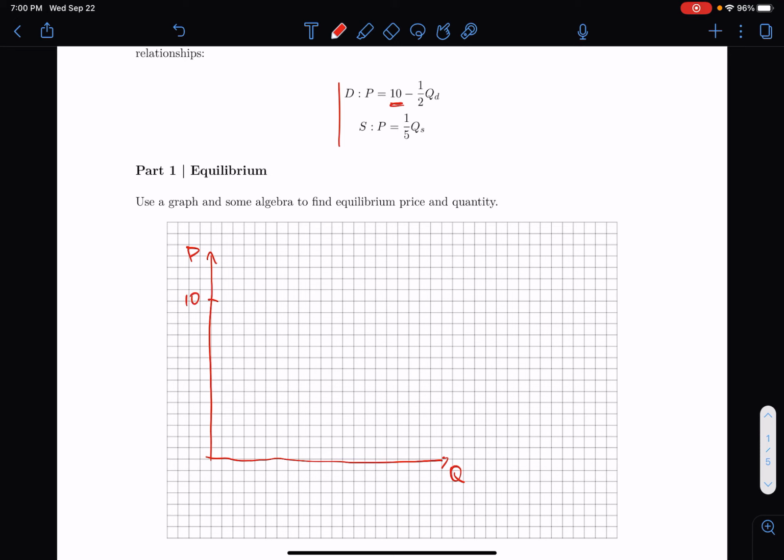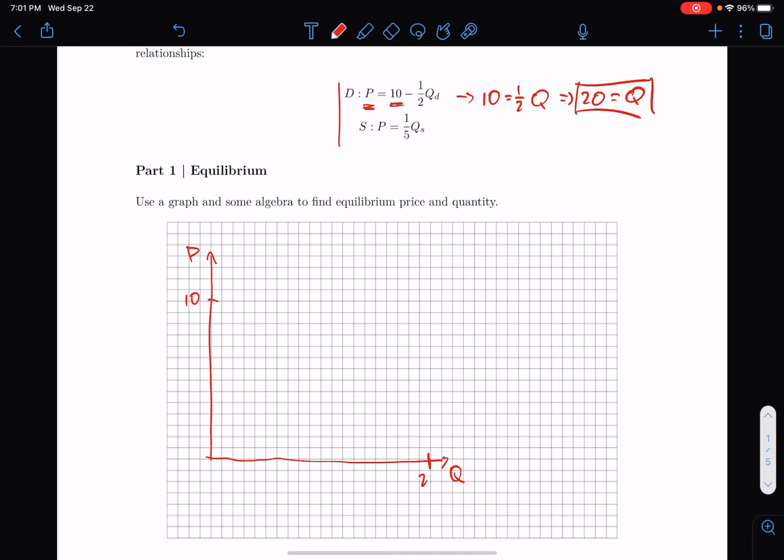And when price is 0, we're left with 10 is equal to 1/2 Q, which means that we have Q equals 20. And that's the horizontal intercept.